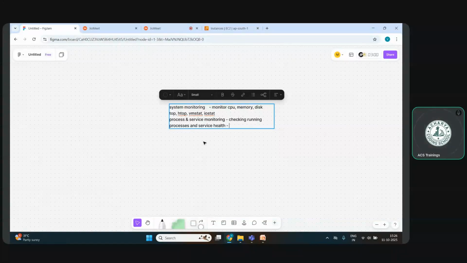We have the command called ps, which we use for checking the running processes. And we have the command systemctl status, service, and netstat. So we have different commands for checking the process and the service.